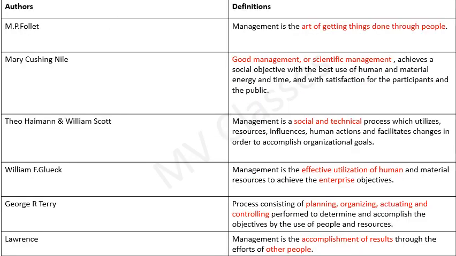So moving towards the next definitions given by the different authors. The first one is Mary Parker Follett, M.P. Follett. She has given the definition that management is the art of getting things done through people. In the first definition we were talking about Koontz. He also gave the definition of management as the art of getting things done through people, but in a formal group or organized group. But she is talking only about the art of getting things done through people, because she doesn't want conflict.